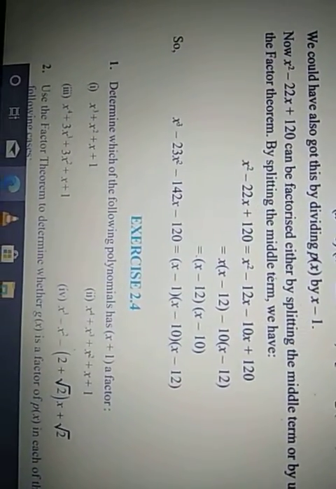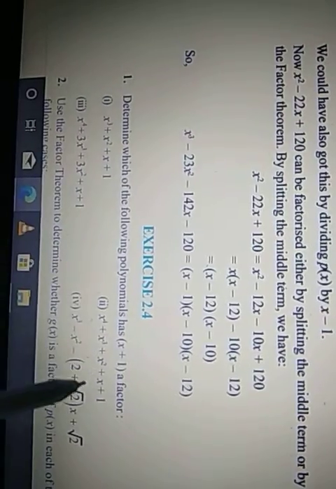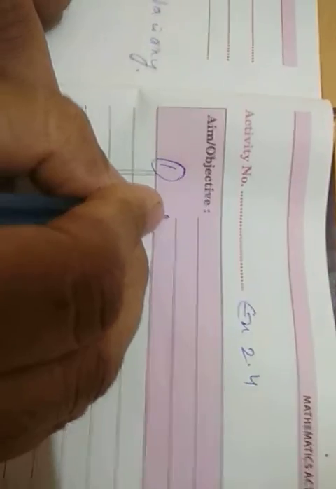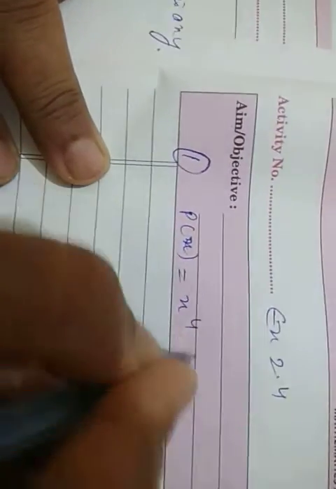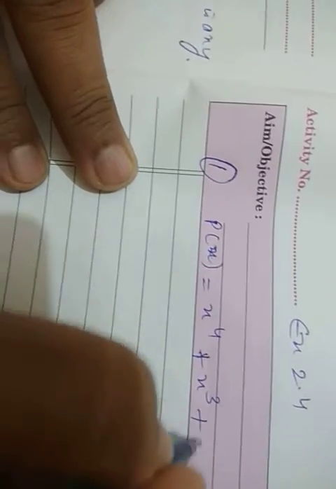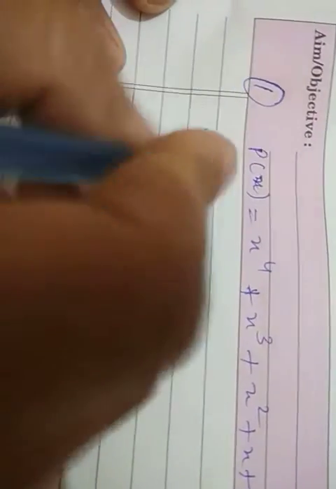This one: x to the power 4 plus x cube plus x square plus x plus 1. We have solved this. The polynomial is given: p(x) equals x to the power 4 plus x cube plus x square plus x plus 1. Now we have to check whether x plus 1 is a factor or not.